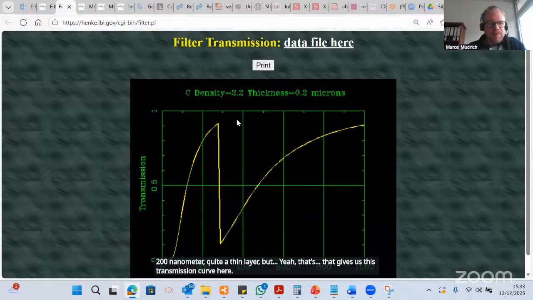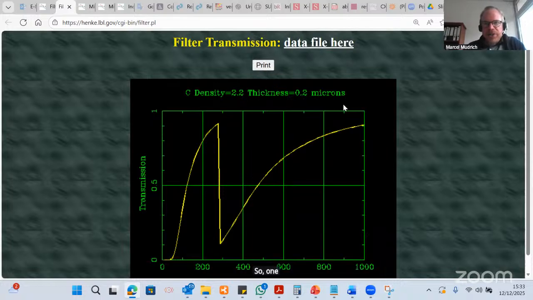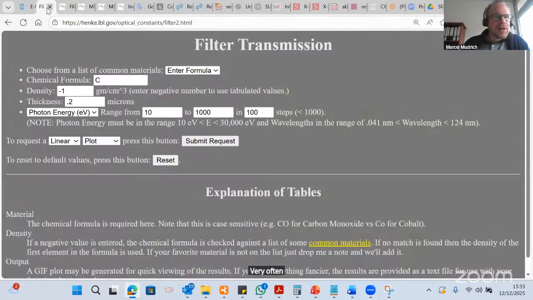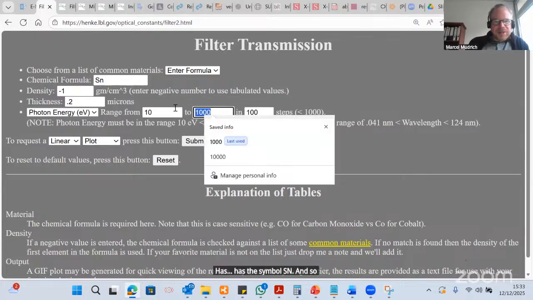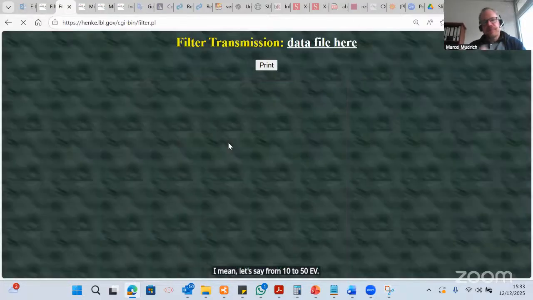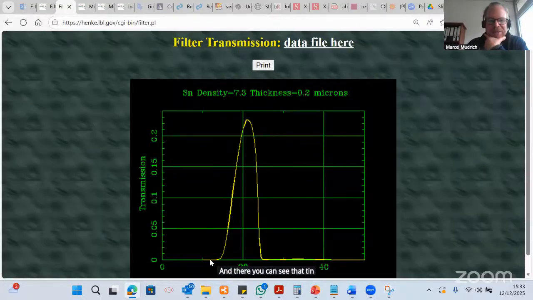So one transmission curve that Shiva Krishnan and I have been looking up very often, I can tell you, is the one of tin. Tin has the symbol Sn. And so we have been mostly interested in the EUV range, let's say from 10 to 50 eV. And there you can see that tin has an interesting behavior. It actually has the property of being a bandpass filter. It just transmits radiation around 20 eV.